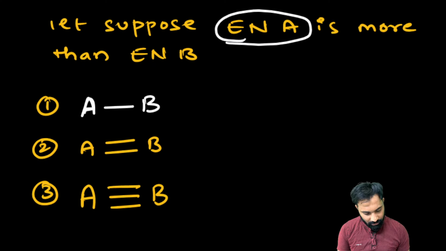What is the oxidation number of A in the second compound? What is the oxidation number of A in the third compound? A is -1, B is +1. Good.